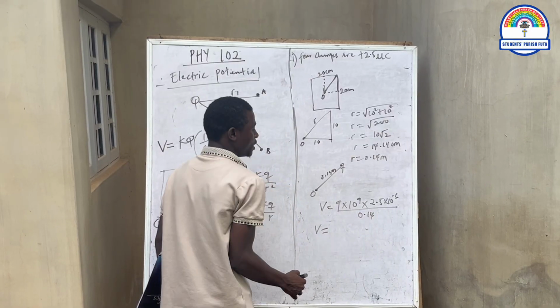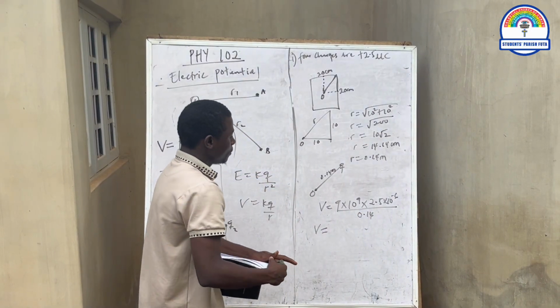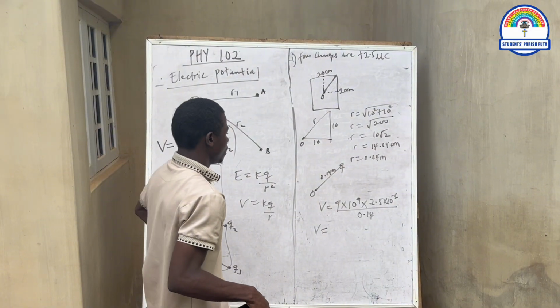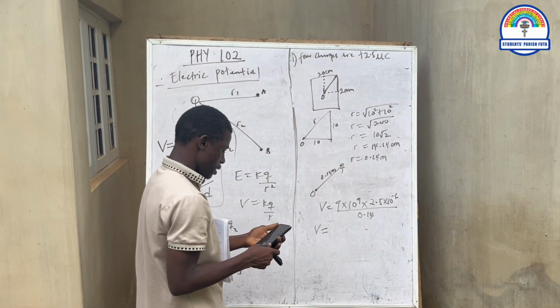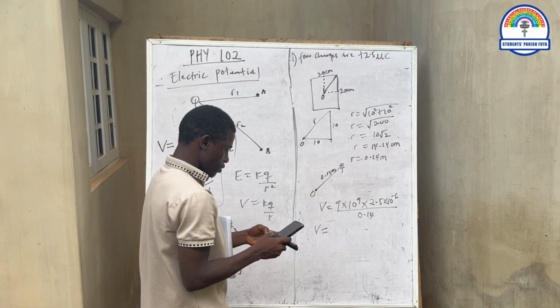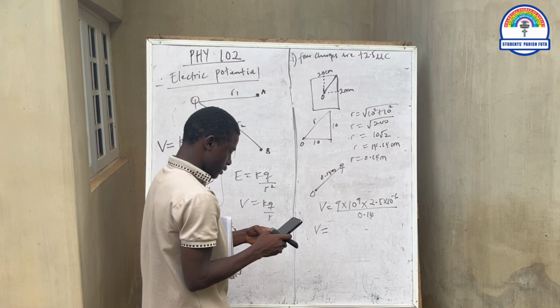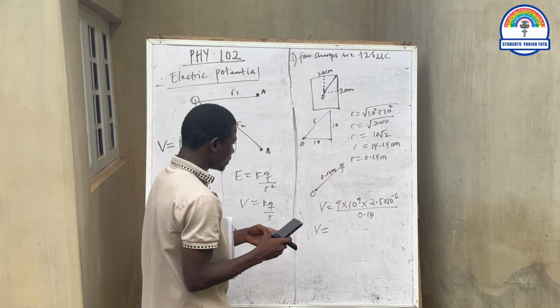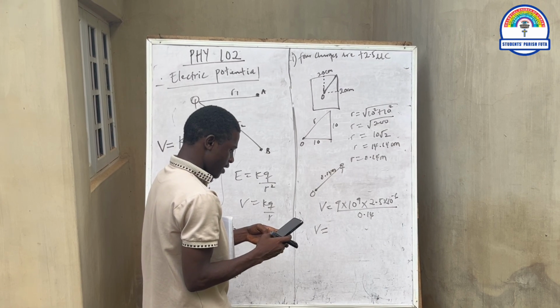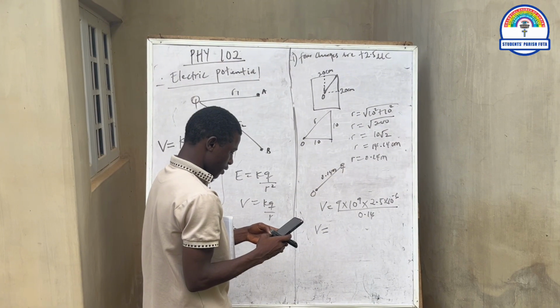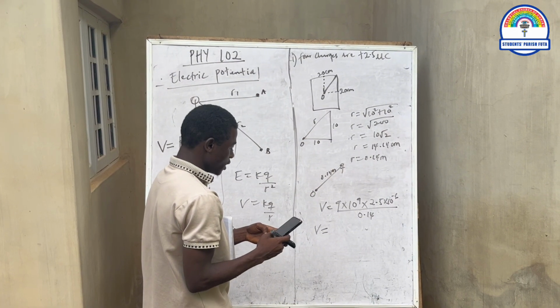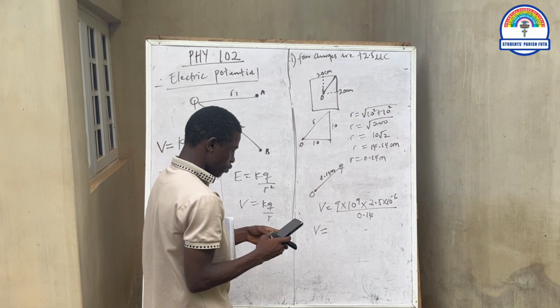Our V should be... permit me to calculate this using the calculator. So you have 9 times 10 raised to power 9, times 2.5 times 10 raised to power minus 6, divided by 0.14.